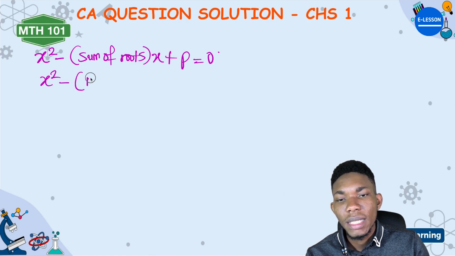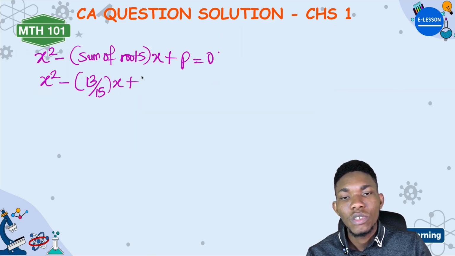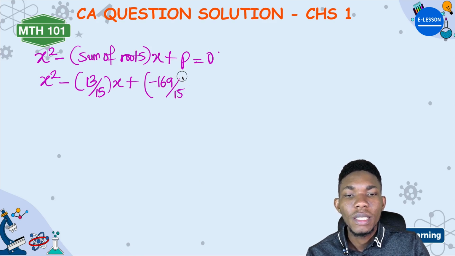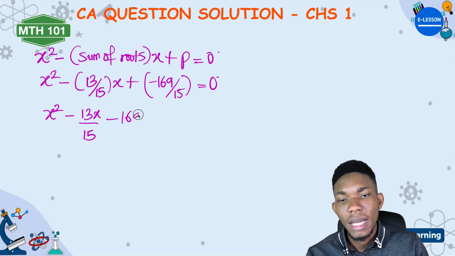So we say x squared minus bracket 13 over 15 bracket x, plus the product of our roots, which is minus 169 over 15, equal to 0. So x squared minus 13x divided by 15, plus times minus will give us minus 169 divided by 15, is equal to 0.